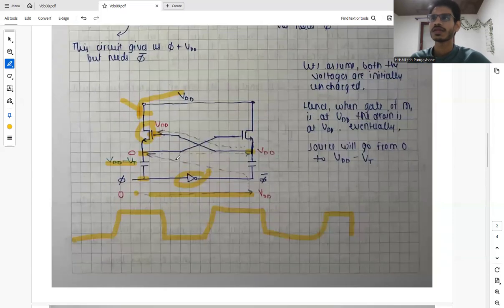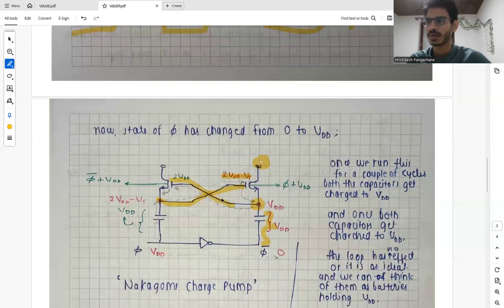The gate of M1 already had VDD. Now with more contribution of VDD going here, it becomes 2 VDD. If the gate is at 2 VDD and the drain is at VDD, its source goes from 2 VDD minus VT to just VDD. So that's how the voltage across this capacitor becomes VDD.